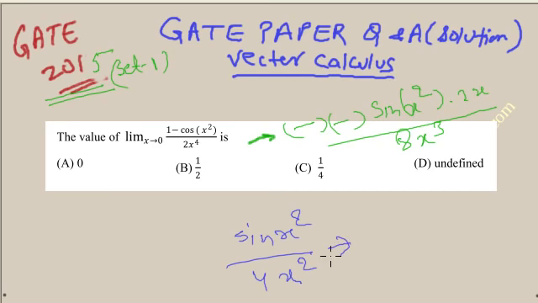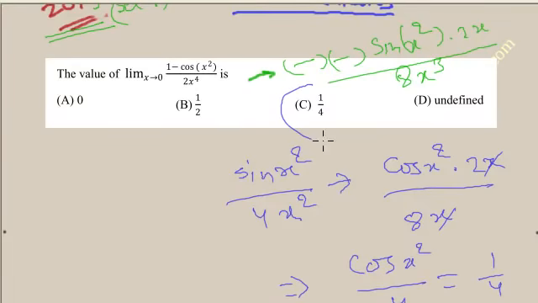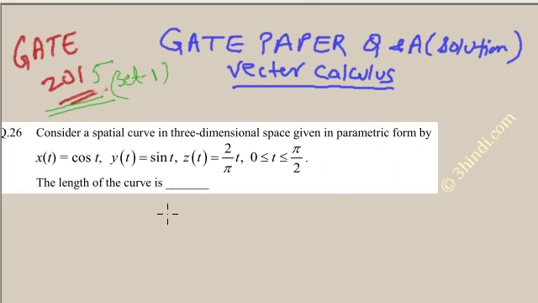If you differentiate it again, you will get cos x square into 2x divided by 8x. If you cancel this, you will get cos x square divided by 4. If you put x equal to 0 here, you will get 1 by 4. So the answer is C, 1 by 4. This is the question of GATE 2015.